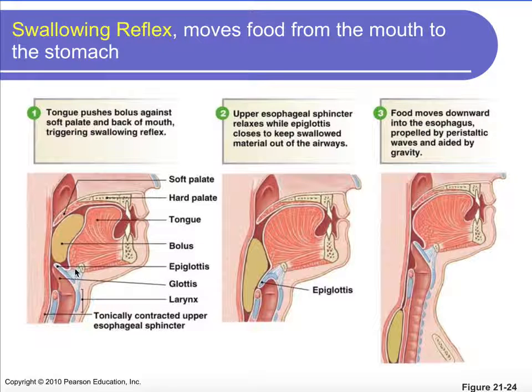And also we will close the opening to the trachea. And so the epiglottis will make sure that the food goes into our esophagus and not into our airway. And then with the help of peristalsis, we will move the bolus of food down into our stomach. So this is a swallowing reflex.